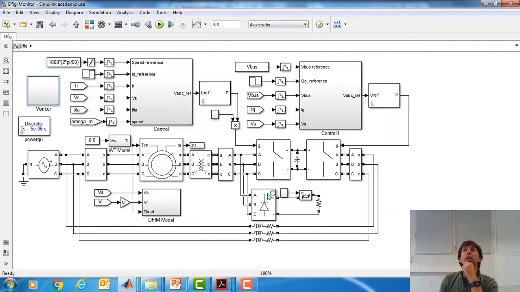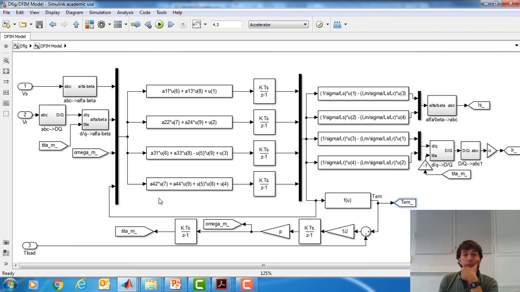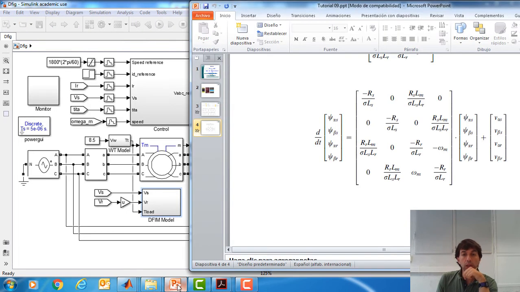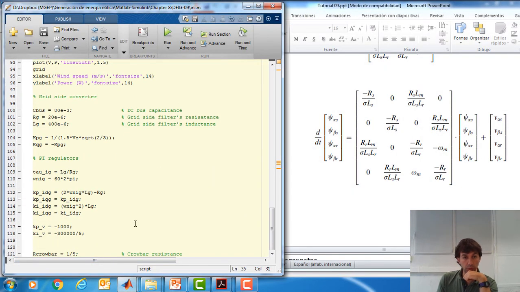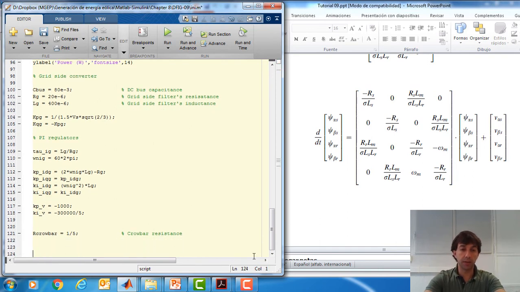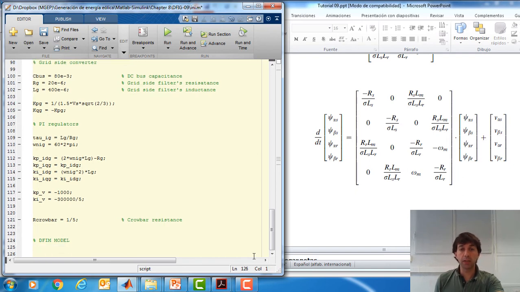Okay, once we have this, what else? Oh, obviously these variables are missing as well: A11, A13, and so on. Okay, so let's go again to here, and let's go to the initialization program. Let's add some more lines.